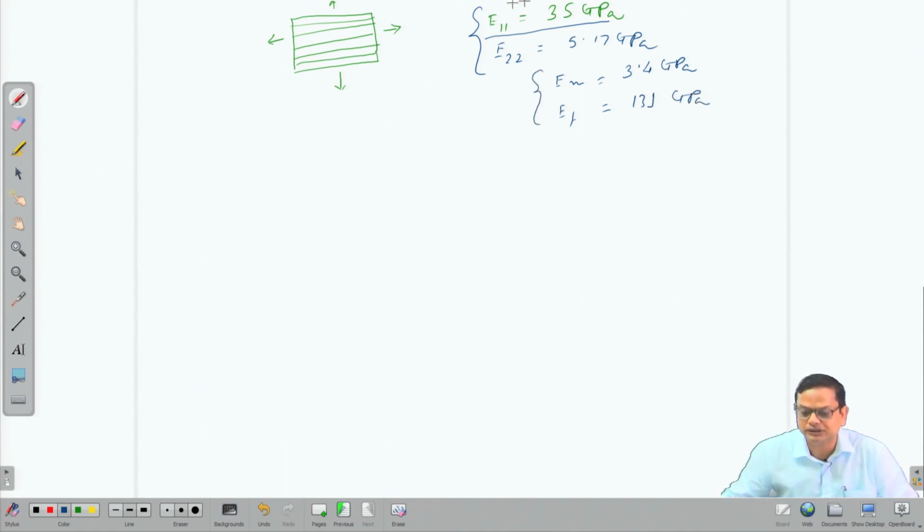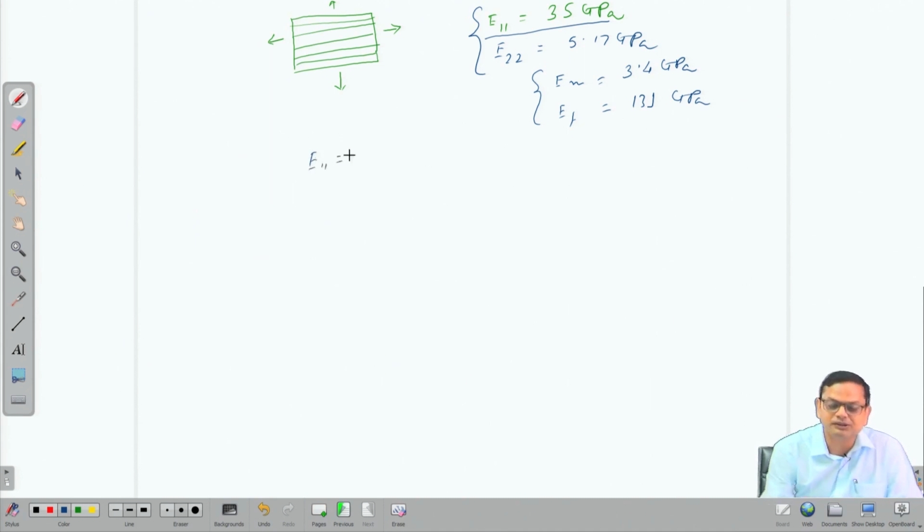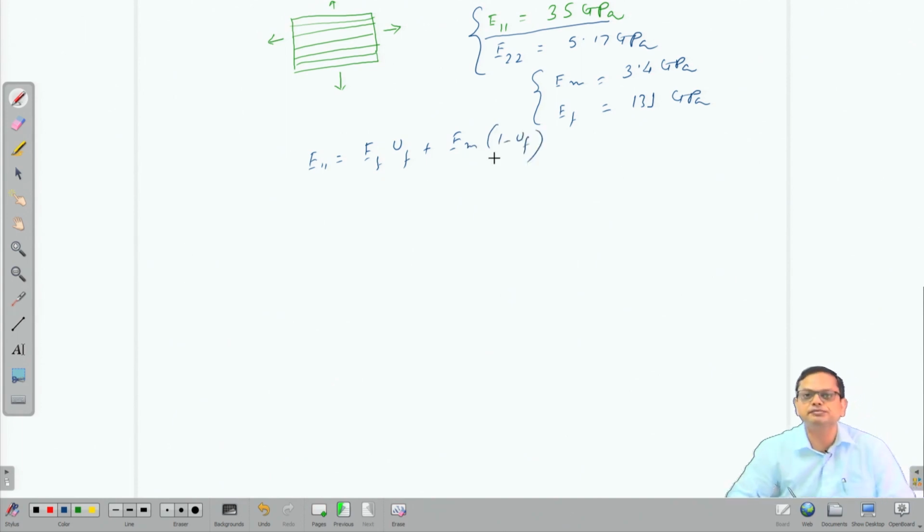Now, you have to find out whether we can have a composite material with this value of E1 and this E2. This is quite a straightforward problem. We know that E11 equals Ef times Vf plus Em times (1 minus Vf).